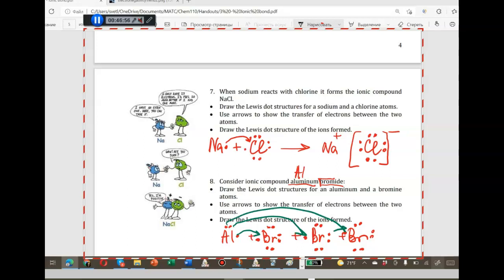And after, let's do here, they become ions. So aluminum is 3 positive because it loses 3 electrons, and bromide has 1, 2, 3, 4, 5, 6, 7, 8 electrons, negatively charged, but 3 times.